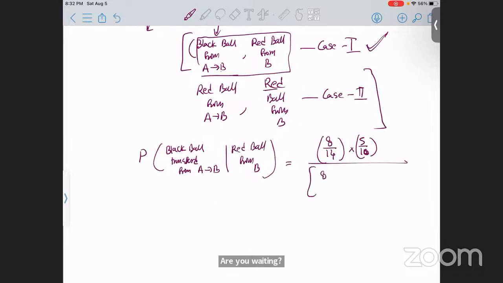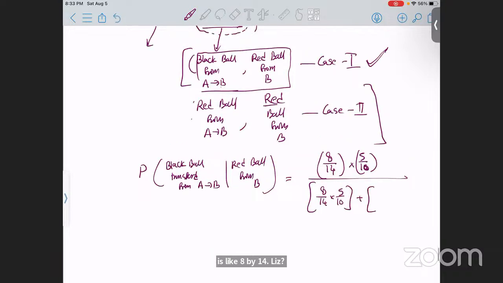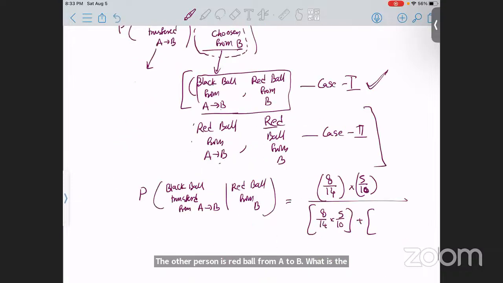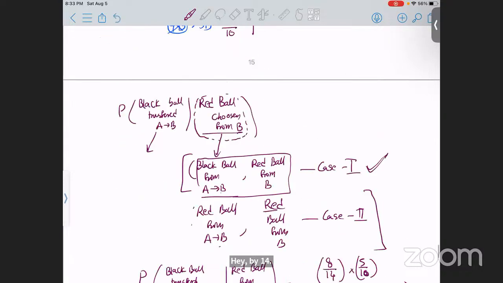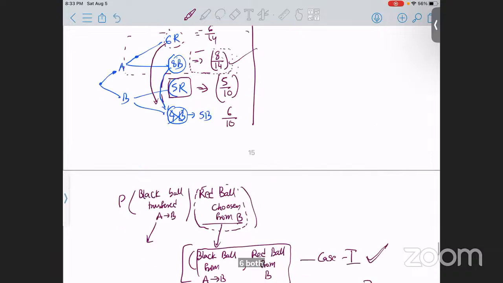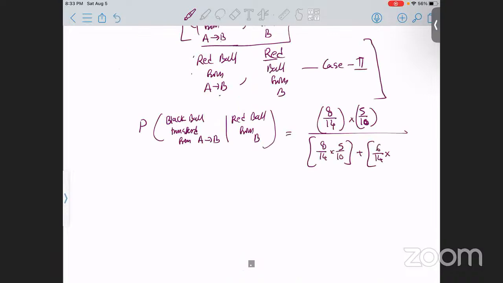The total is 8 by 14 into 5 by 10 plus the other possibility, red ball from A to B. The probability of a red ball from A to B is not 8 by 14, it is 6 by 14, into 6 by 10, since the red ball is transferred here. So this is the total.